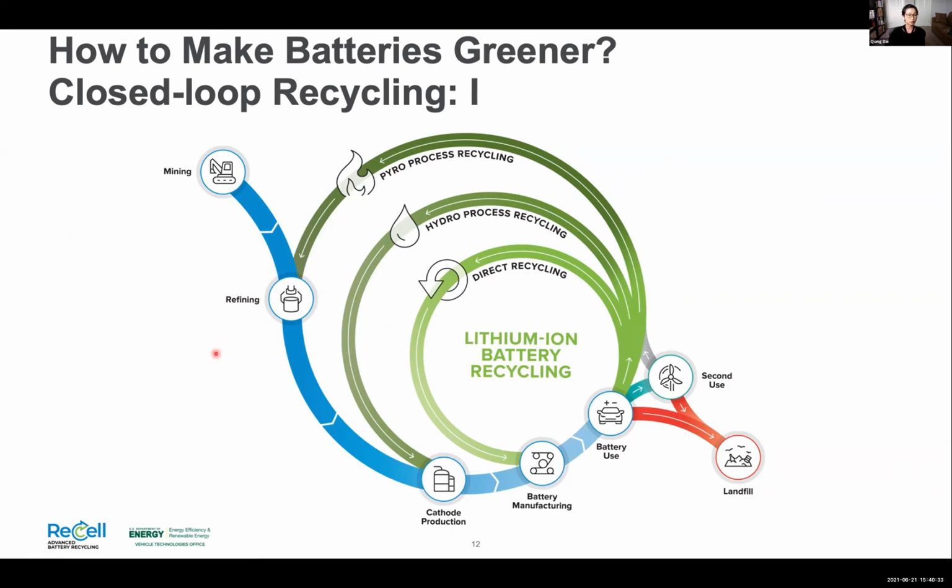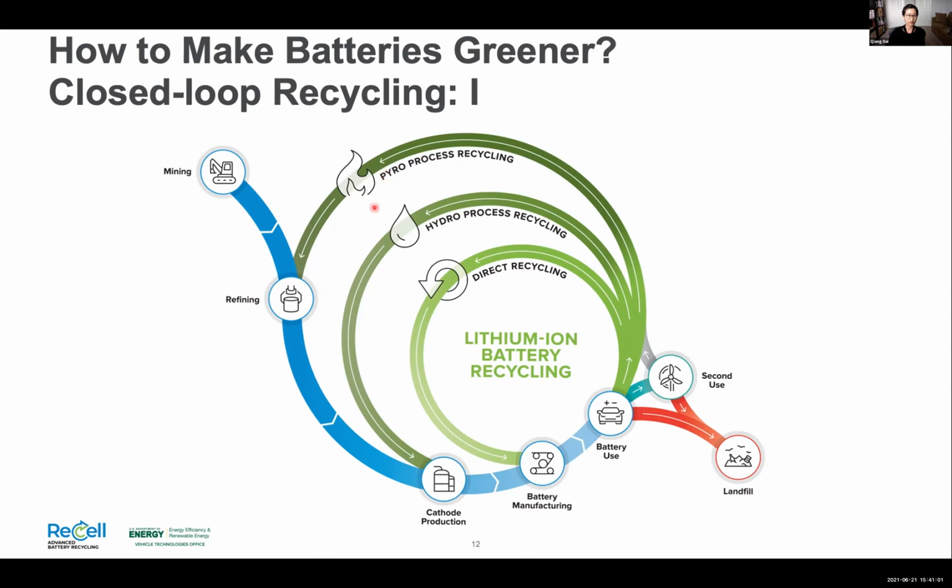By closed loop recycling, we are talking about recovering materials from spent batteries and incorporating these materials back into the supply chain of batteries and using them for new battery production. So the pyro recycling technology and hydro recycling technology are already commercialized.